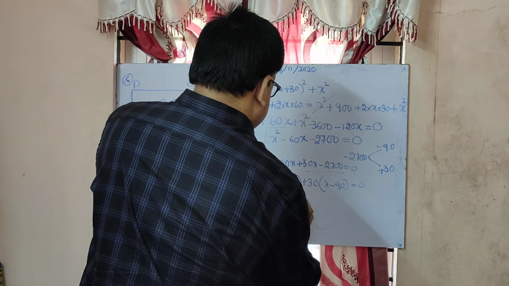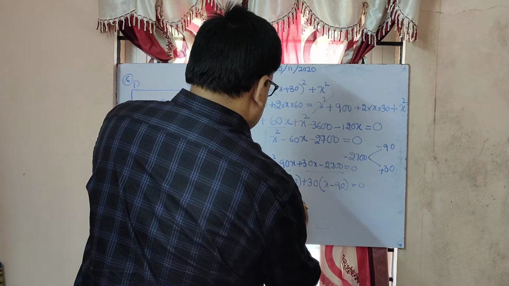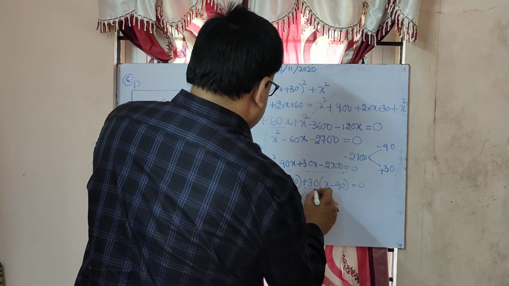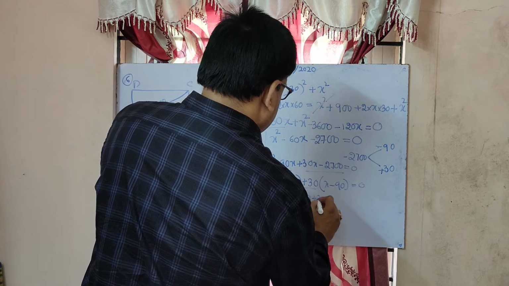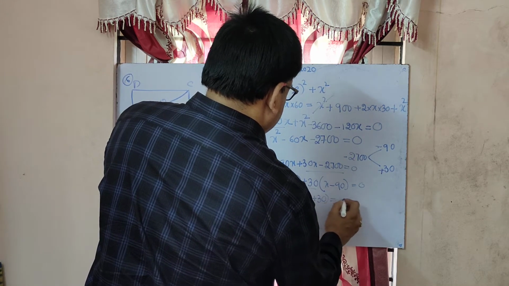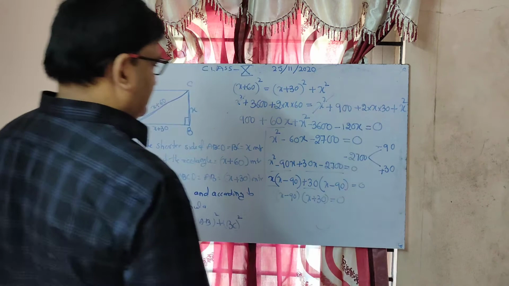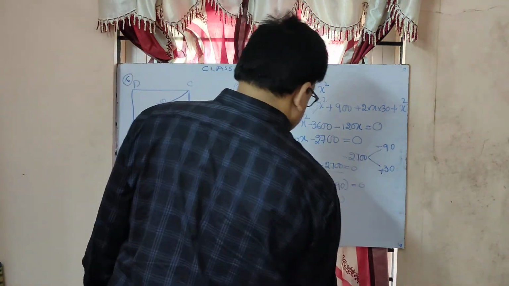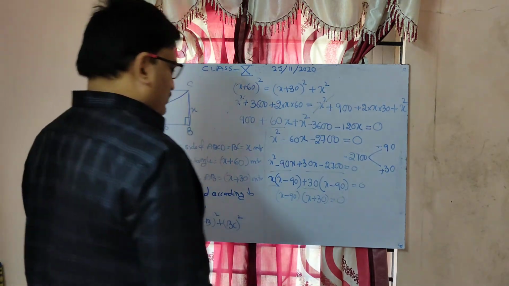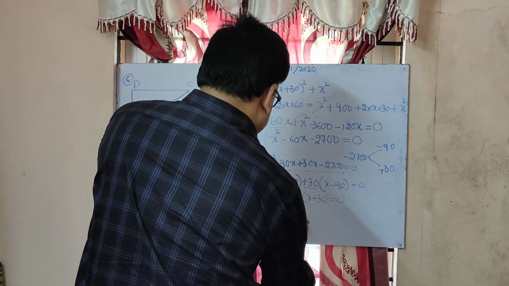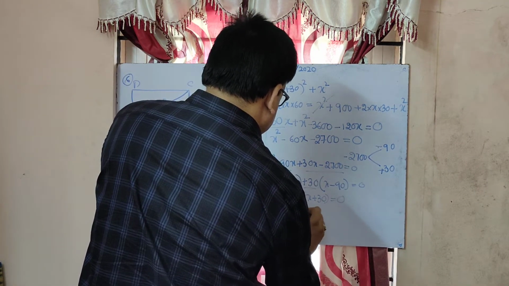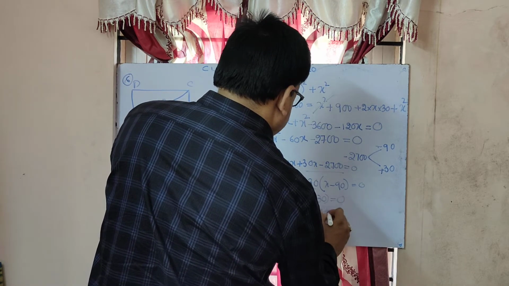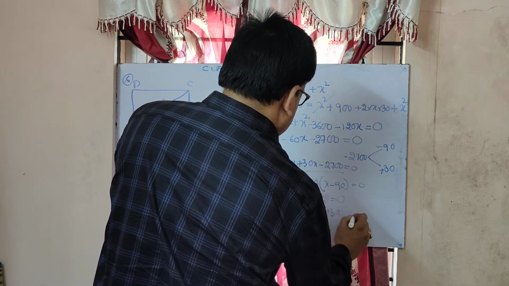So x minus 90 is common. What remains? x plus 30. That is equal to 0. Now equating both the brackets to 0, that is x minus 90 is equal to 0 and x plus 30 equal to 0.